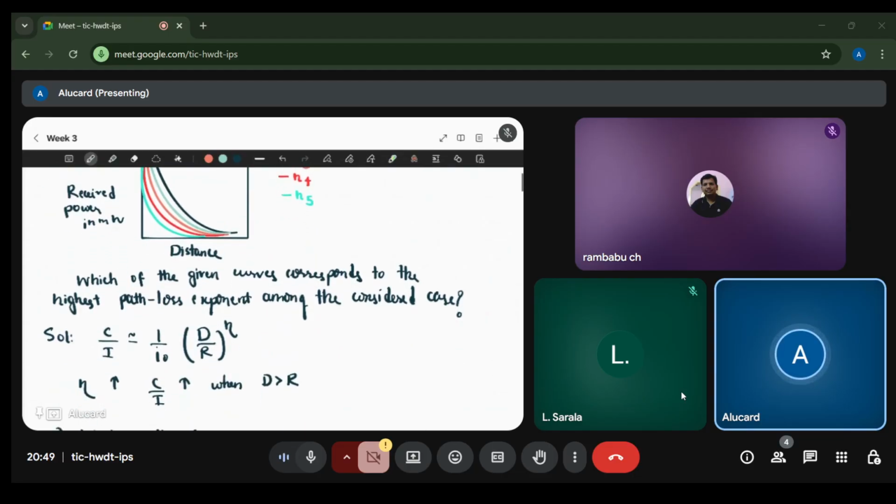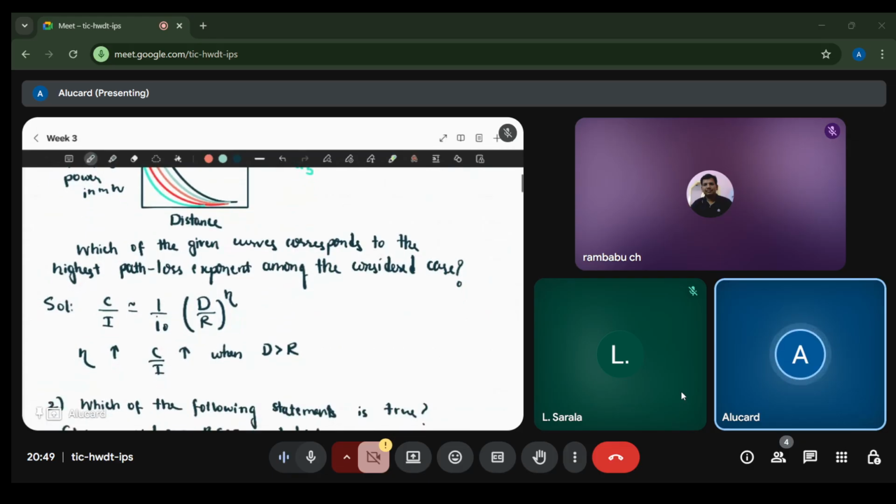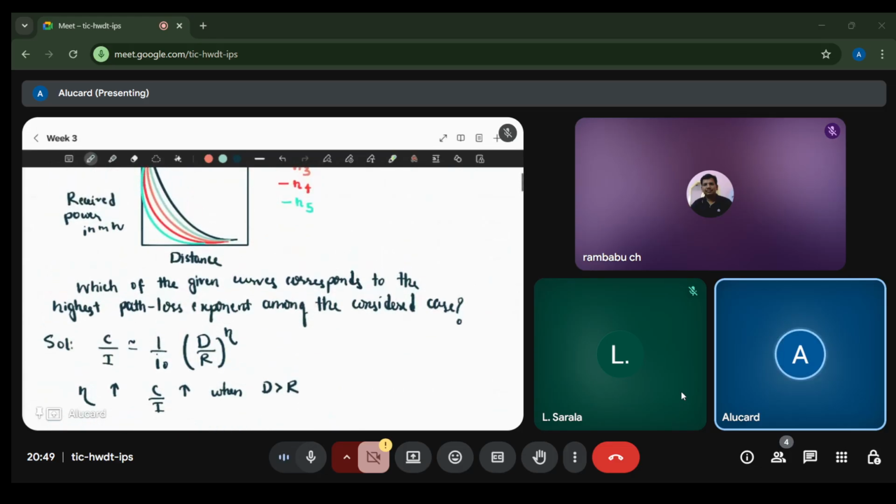Then C over I is 1 over I0 into d by r power n. This should actually be n instead of eta.